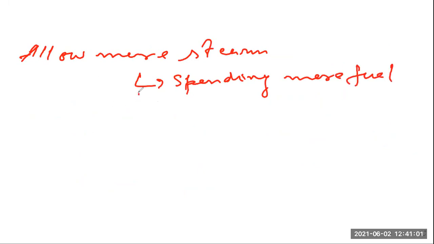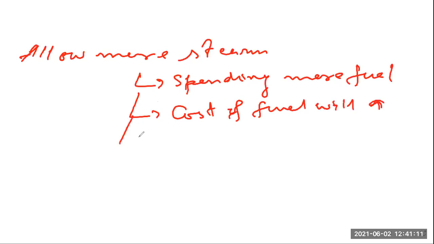So spending more fuel means the cost of fuel will increase, and the cost of operation will increase. Suppose you don't require the steam to be injected at a particular time when the load is less. That time we have to inject a smaller amount of steam. So if you allow less steam, it will ultimately save your cost. This point is clear?